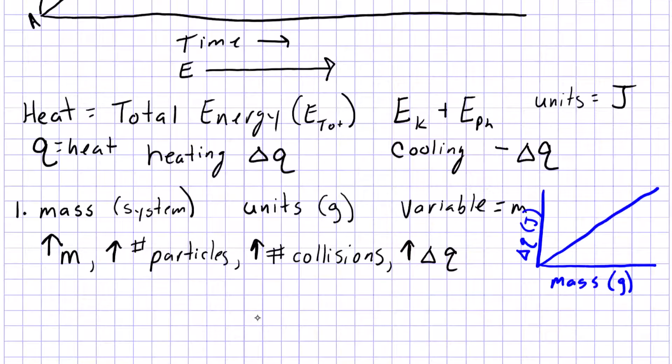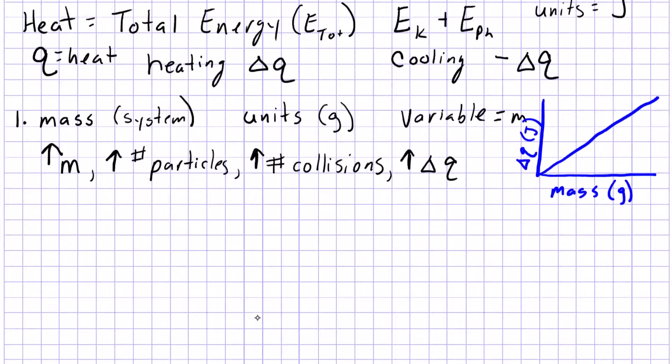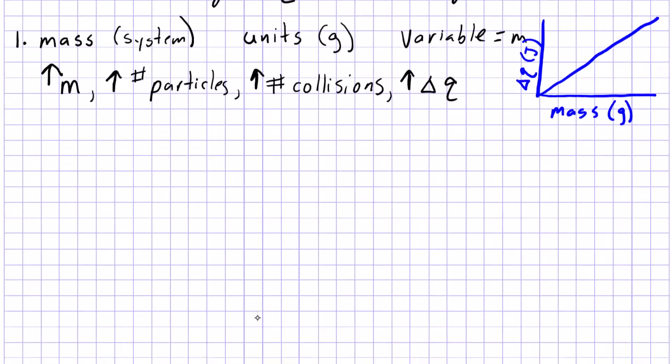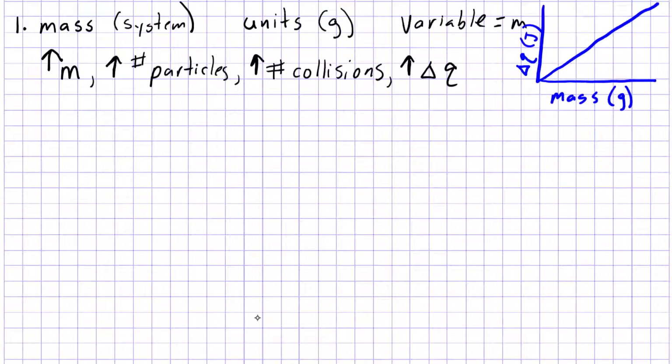So now let's look at what else impacts the amount of energy. Mass does, but what's the other thing that we talked about? If you remember, almost like we planned for it in Unit 3, we could change the mass or we could change our temperature.